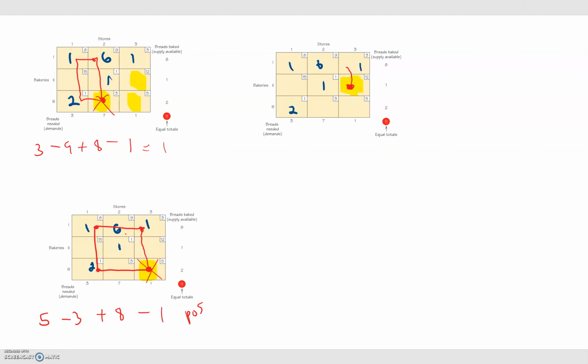So plus, minus, plus, so that won't work because that'll have a negative. So the only one that's going to work would be this one. And the cost of that would be 12 minus 3 plus 9 minus 1. And that's positive.